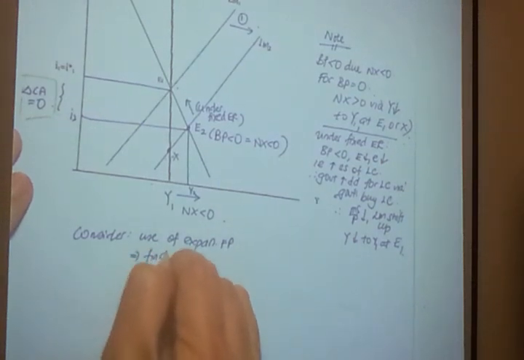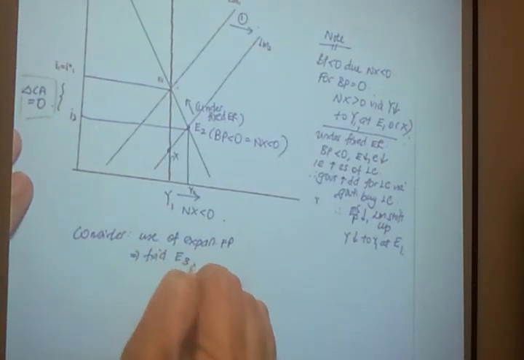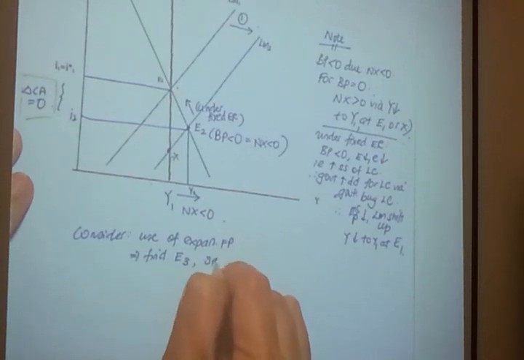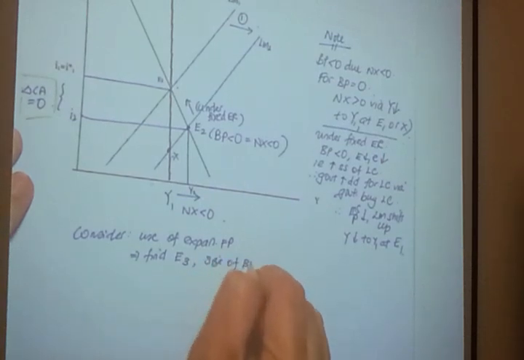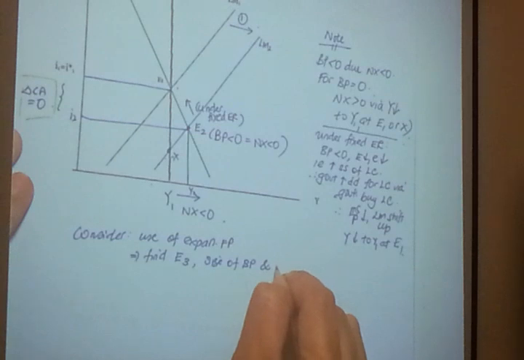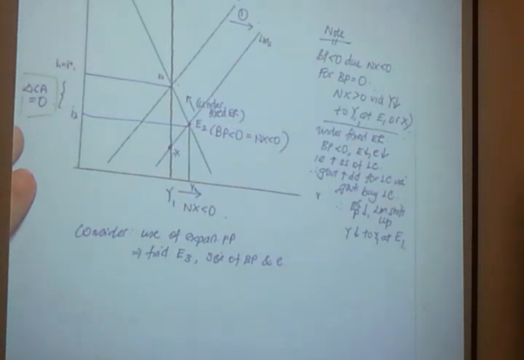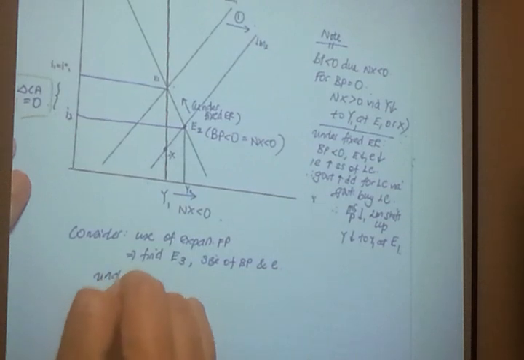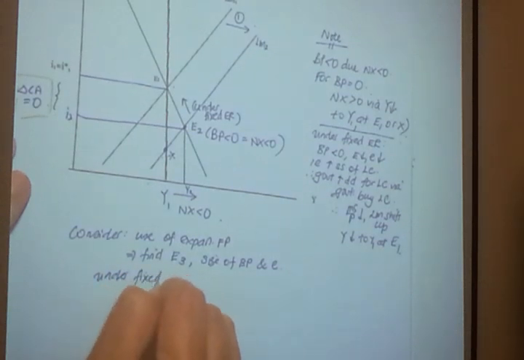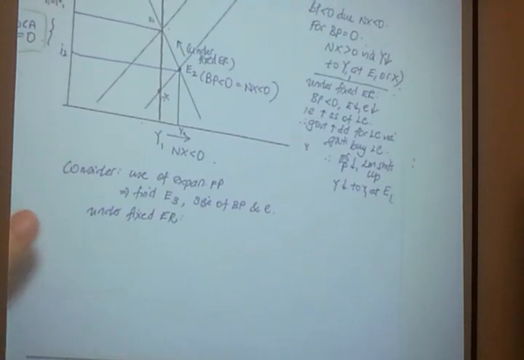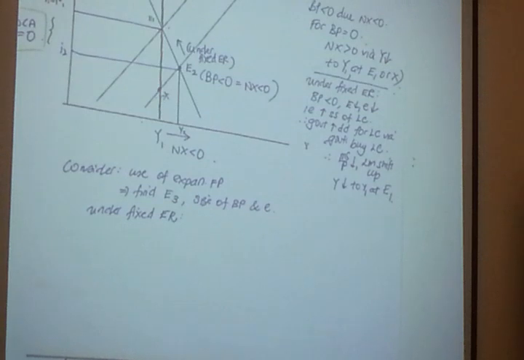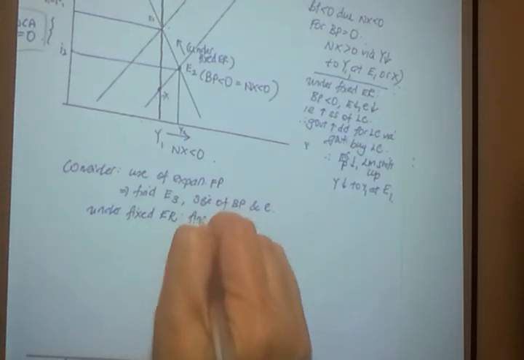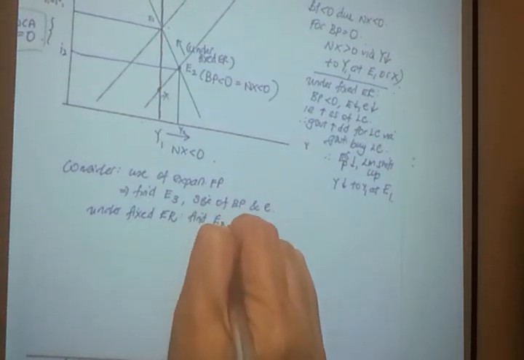Find for me where is E3, reduce size of BP, and the exchange rate. Okay, and once you finish, look at your fixed exchange rate. What will government do? Find for me your E4.